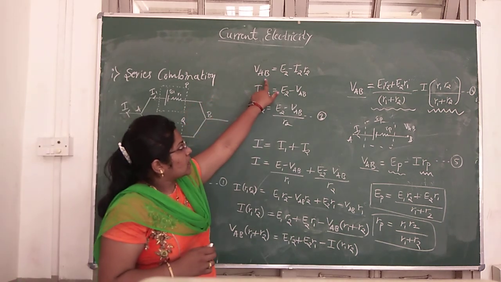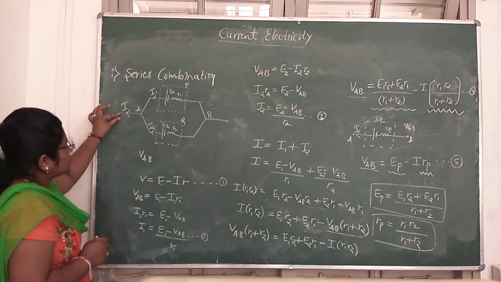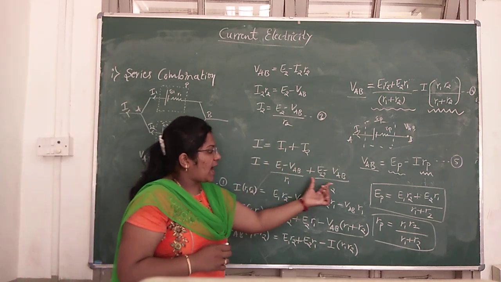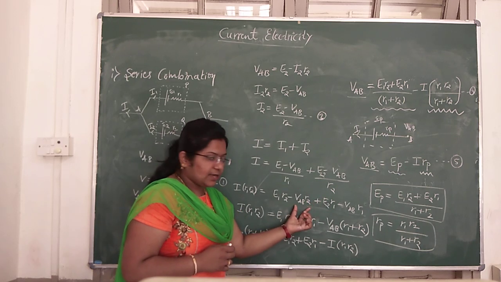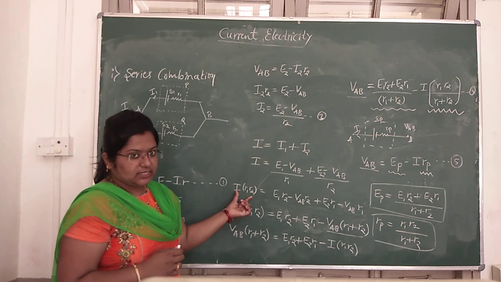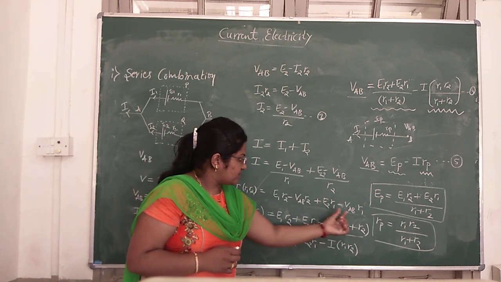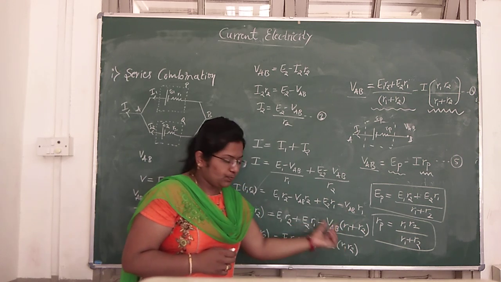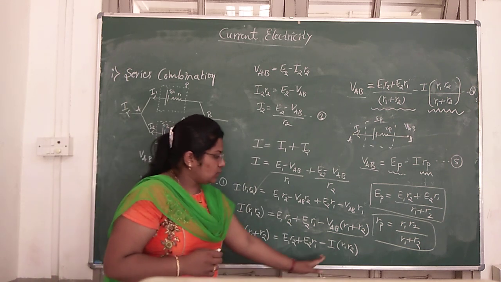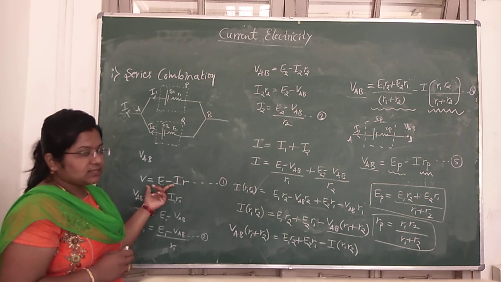By adjusting the terms, we got I2. And as you know, the main current is the combination of branch currents I1 and I2. We have just added, taking the LCM. This R1 R2 I have sent to this side. Now combining the terms, taking minus VAB common, R1 plus R2, and sending this VAB to this side, sending I to this side, because we want the expression in the form of V is equal to E minus IR.